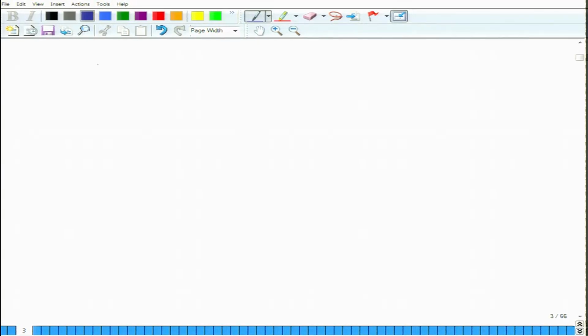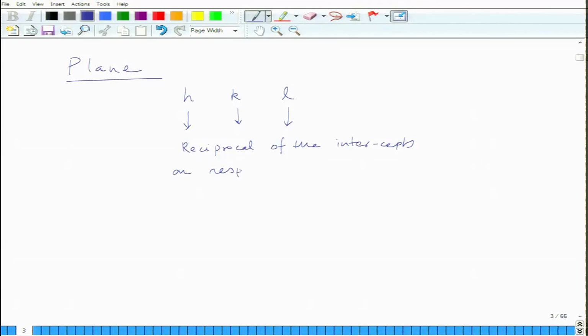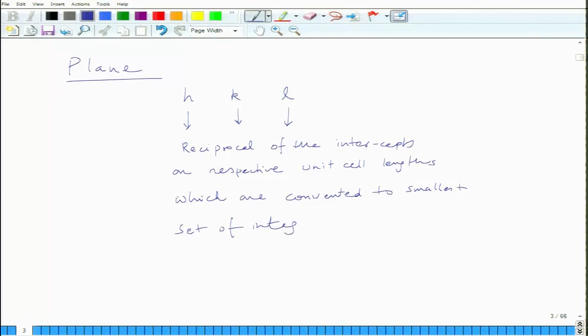As we saw, for a plane the procedure is: HKL are nothing but the reciprocal of the intercepts on the respective unit cell lengths, which are converted to the smallest set of integers.